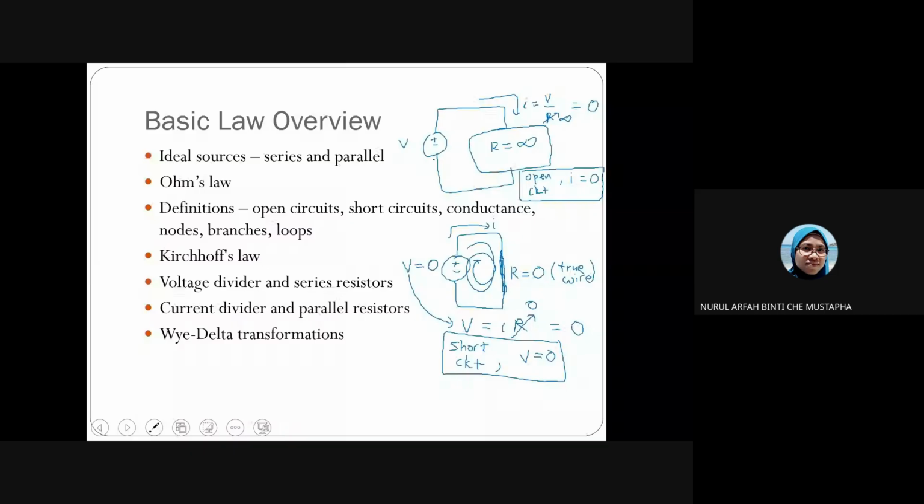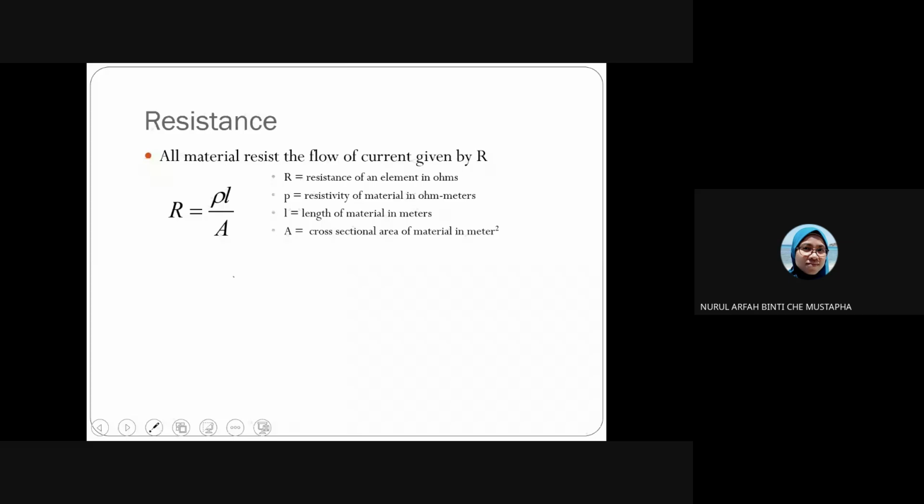So we are going to do right now the resistance, a cross section.